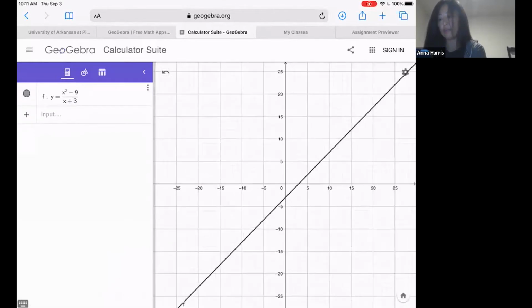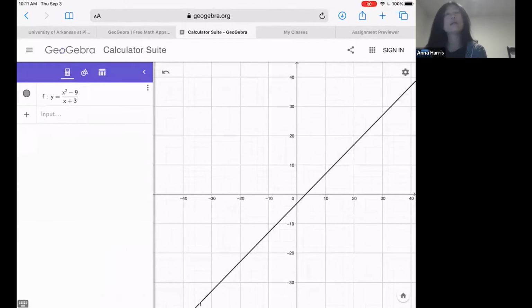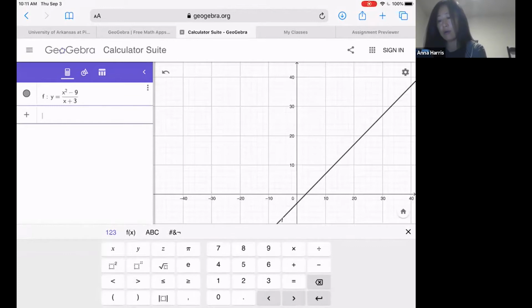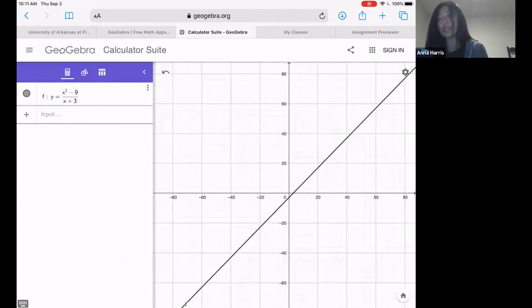Okay, this is what your graph looks like. This is not that good because if you want to see a graph, that's what it looks like.